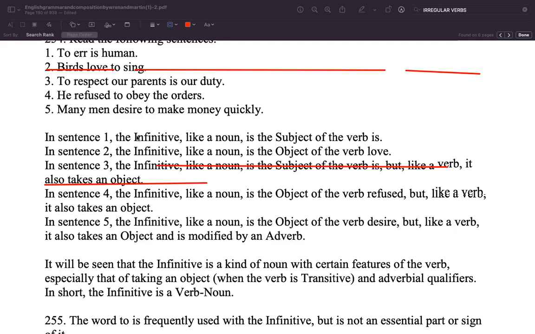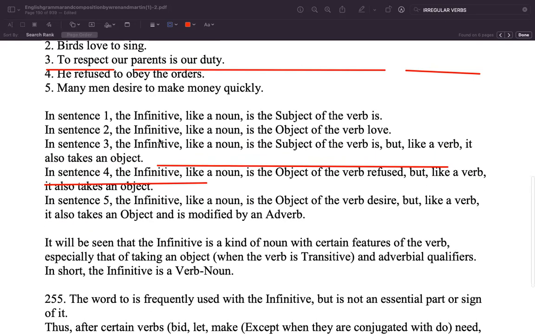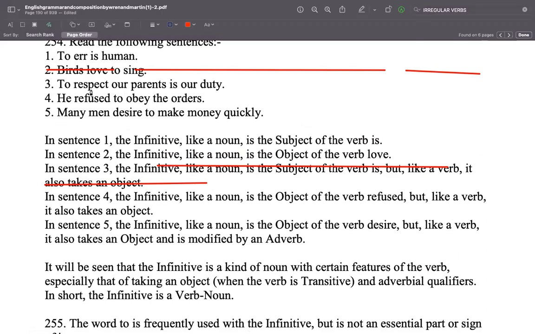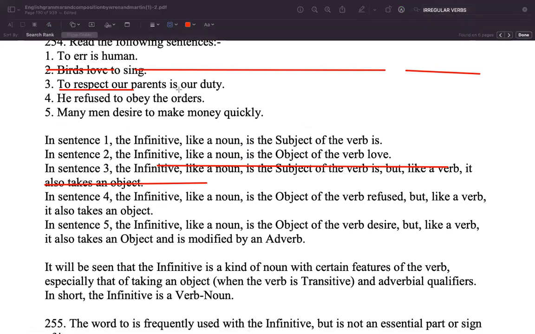Okay, sorry for the interruption. So what happened here? It is stated that in sentence 3, what does it say? The infinitive like a noun is the subject of the verb is. Like you can say, to respect our parents is our duty. So "to respect" is the what? Now "to respect" is the subject of the verb is. But at the same time, like a verb, it is our duty to respect our parents.